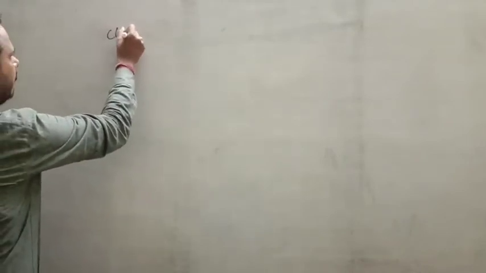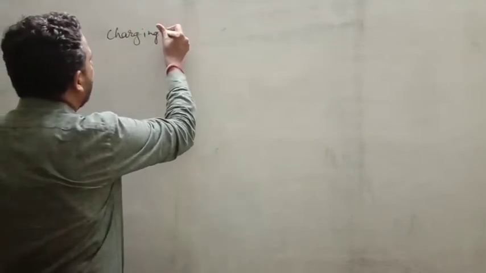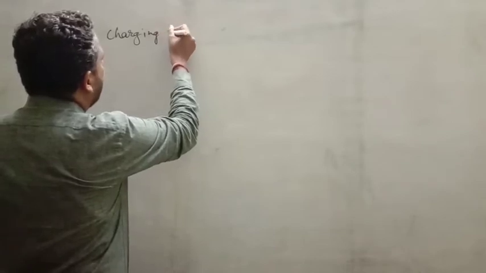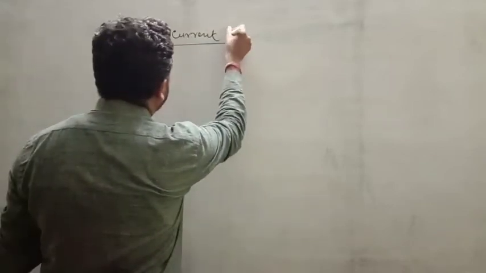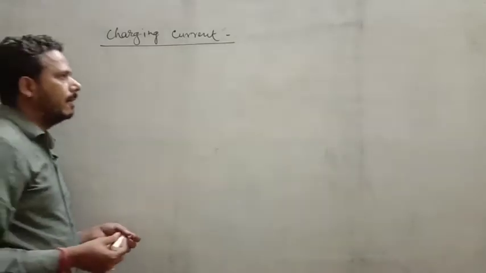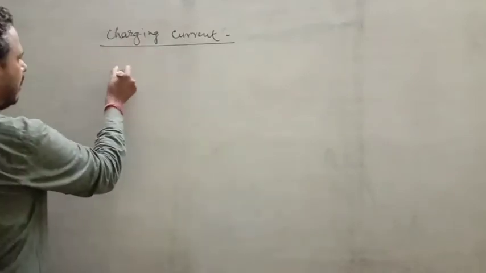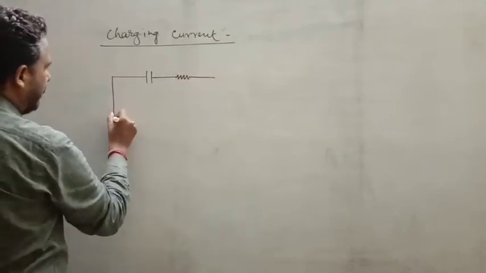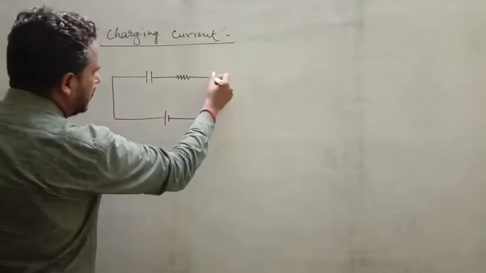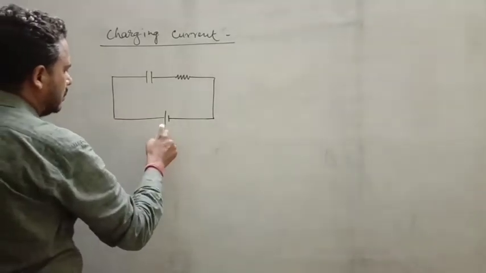So you see here, charging current. Just keep in mind the diagram I am going to draw here: a capacitor connected with a resistor, and from this an EMF is connected.